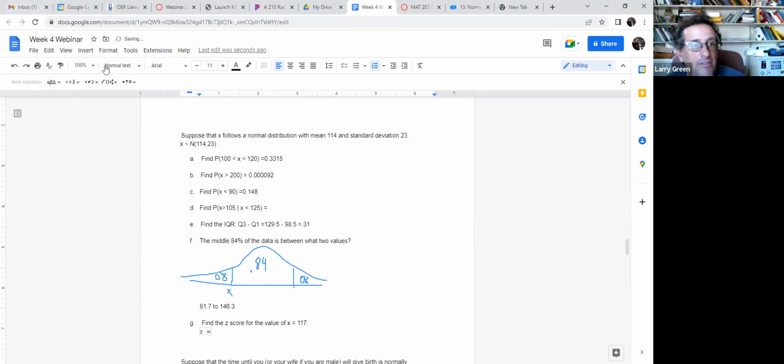Z equals a fraction. And it's going to be x, 117, minus mu. Mu was 114, divided by sigma. Sigma was 23.